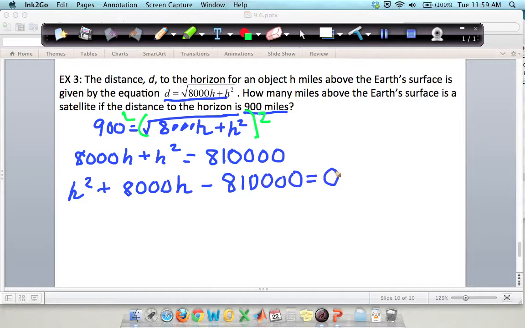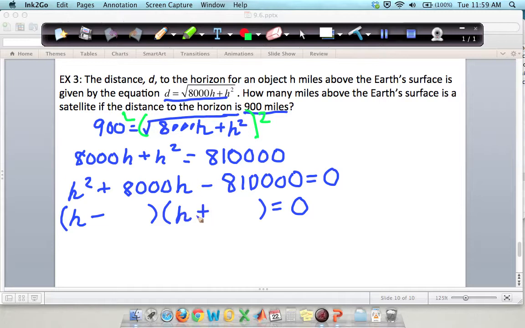Okay, this is factorable, so I'm going to factor it. It's large numbers, but the numbers are pretty close together. And so you just have to try different combinations until you see something that multiplies to be negative 810,000 and adds to be a positive 8,000. So one thing I know, since it multiplies to be negative, my signs have to be opposite. That's the only way you can multiply to be a negative number.